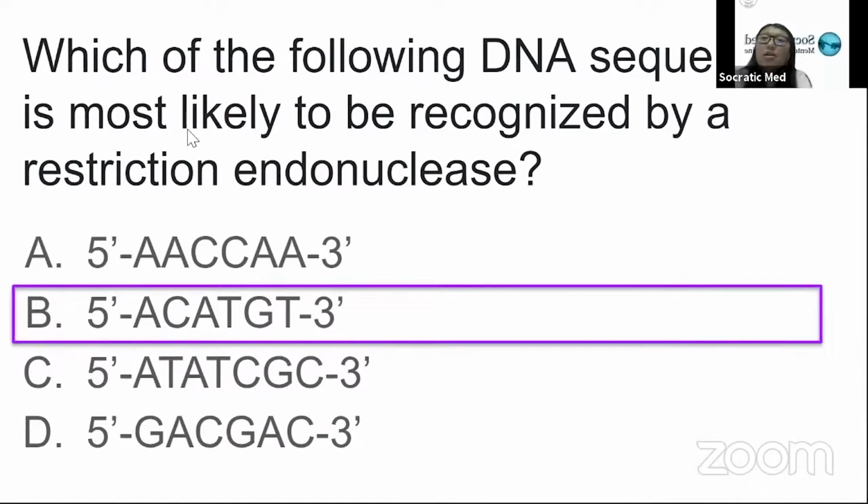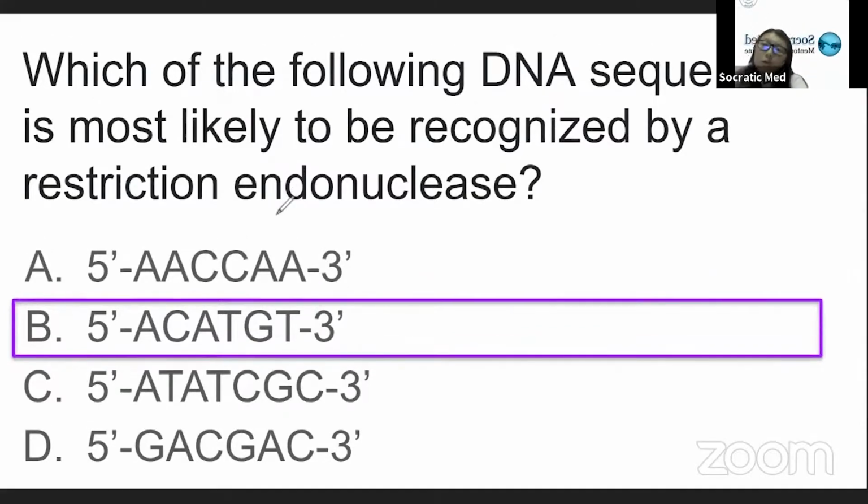The question asks, which of the following DNA sequences is most likely to be recognized by a restriction endonuclease? So we know we're thinking restriction endonuclease, restriction enzymes breaking up those fragments. Here I'm going to visualize what the sequences would be for each of these choices.